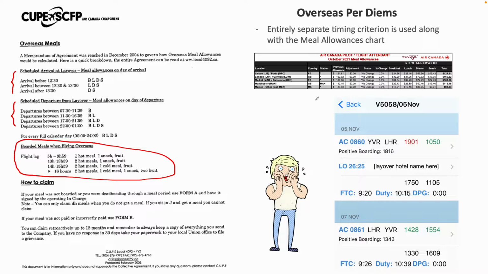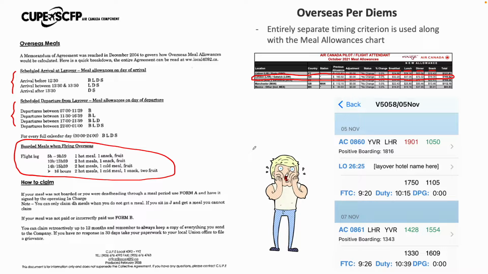So if we go to the chart before continuing, we're still going to be looking for breakfast, lunch, dinner, and snack. And in this case, we are looking for the London portion. So I'm just going to give this a nice little circle, just so that we can disambiguate from everything else.